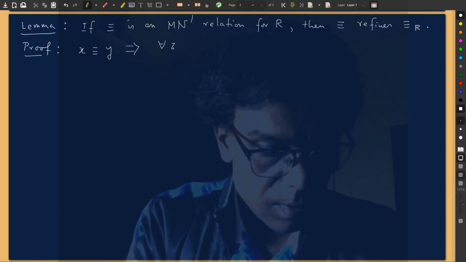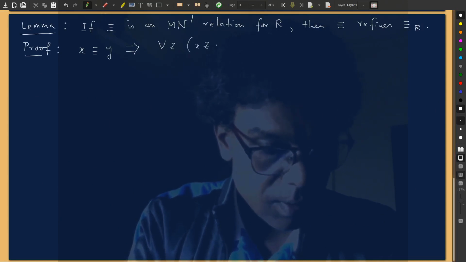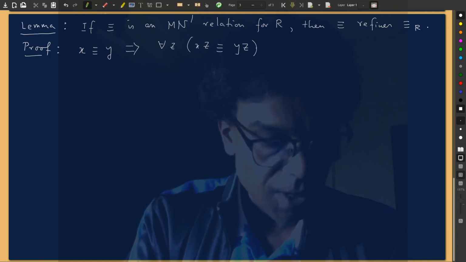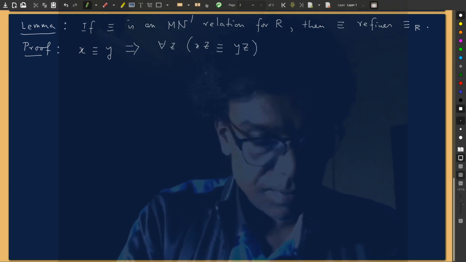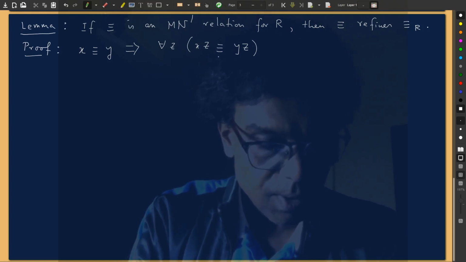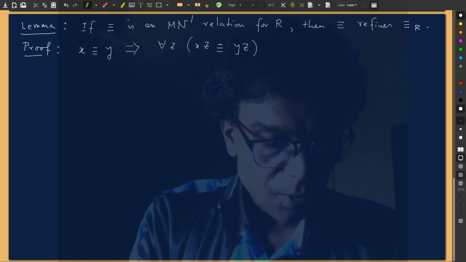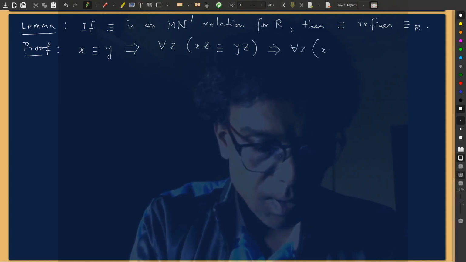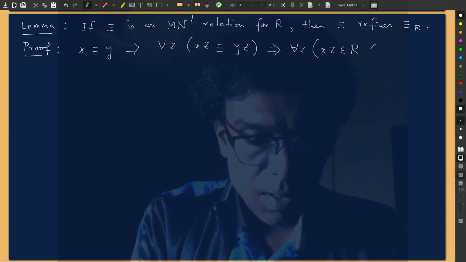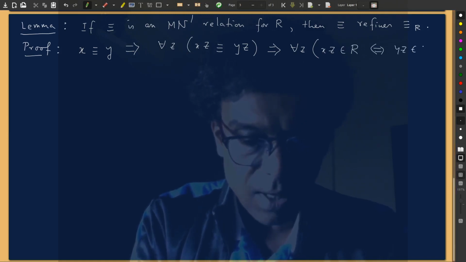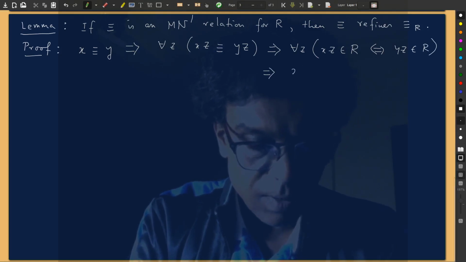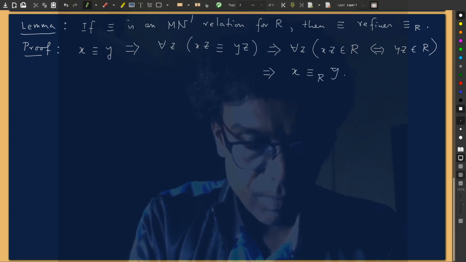For all z, this is true. And since this is also a Myhill-Nerode-type relation, it also refines R. So by property 2, for all z, xz is in R if and only if yz is in R. But this is precisely the definition of congruence of x and y with respect to this relation.